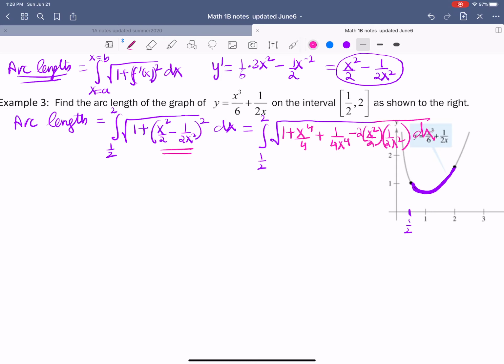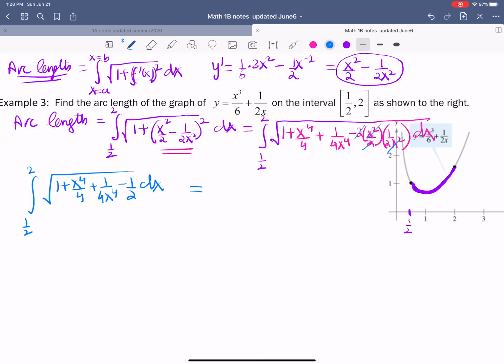Okay, let's see what that turns out to be now. If there's anything I can cancel. Looks like I can cancel the x squared and x squared and one of the 2's as well. So what I'm left with is the integral from 1/2 to 2 of the square root of 1 plus x to the 4th over 4 plus 1 over 4x to the 4th, and then minus half, dx.